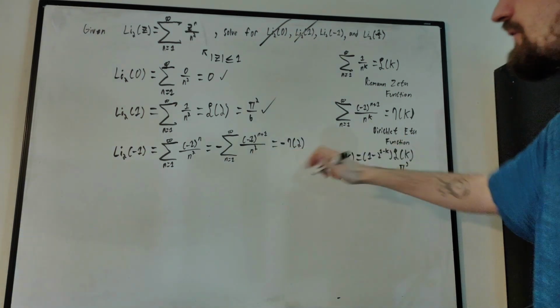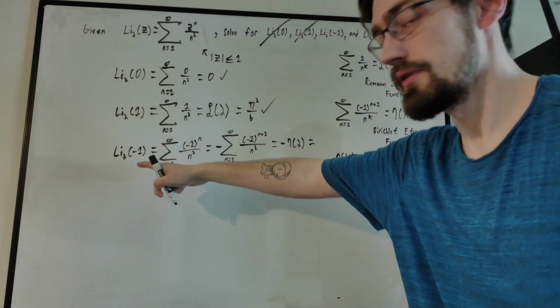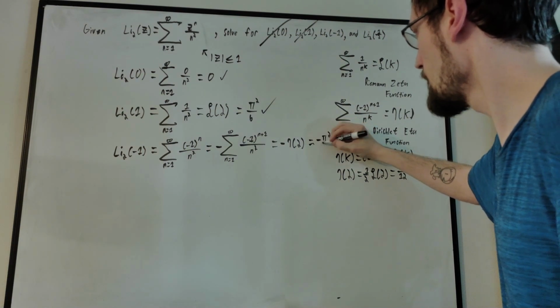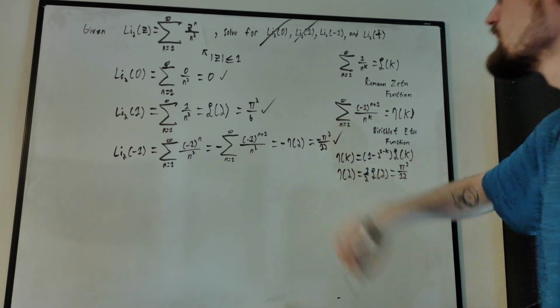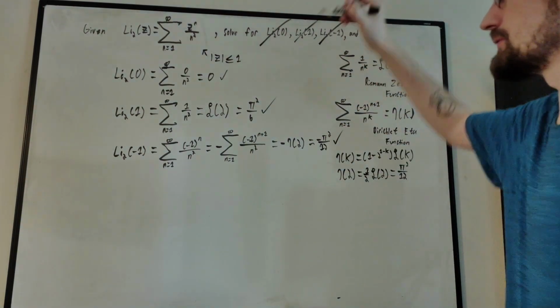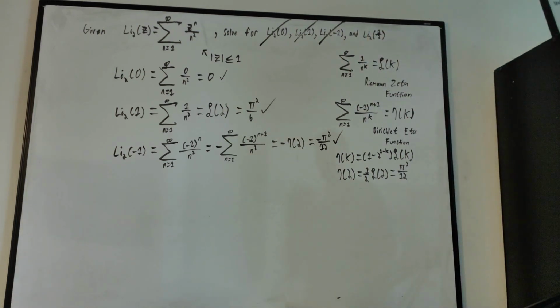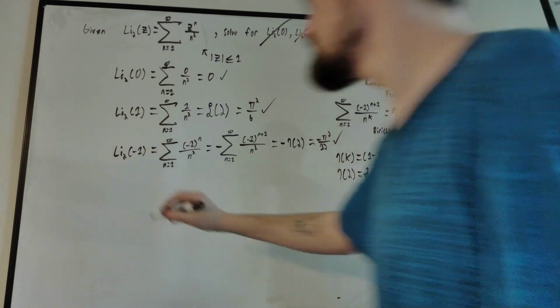But notice here we have a negative sign. So the dilogarithm of negative 1 is equal to minus pi squared over 12. And that gets rid of this problem right here. So that's pretty neat. Let's move on now with the dilogarithm of 1/2.